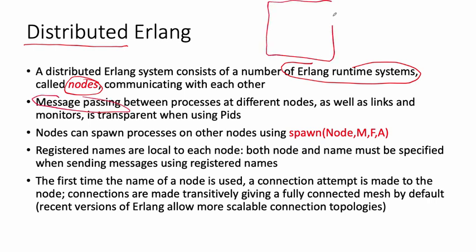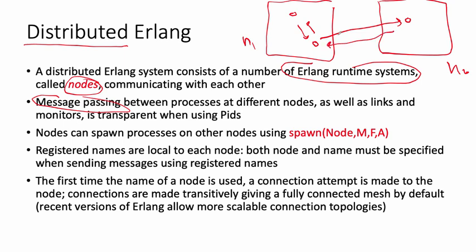So if I have one node N1 and another node N2, with processes on these nodes, these processes can communicate, but they can also communicate between the nodes. And this is transparent, which means it uses the same syntax between the nodes and inside the nodes. When I send a message to a process, maybe the process is on another node and I don't know. This is called transparent distribution.